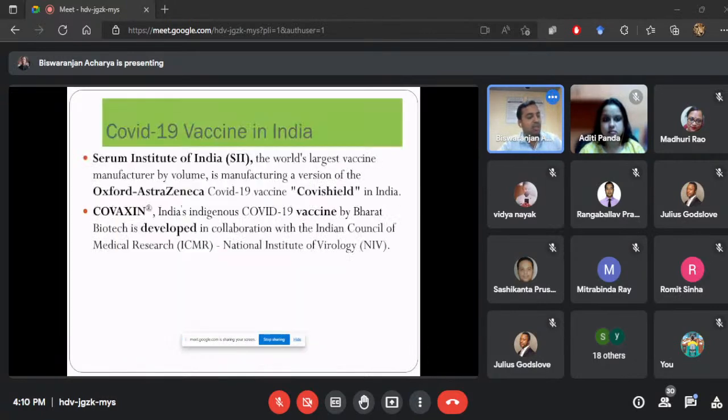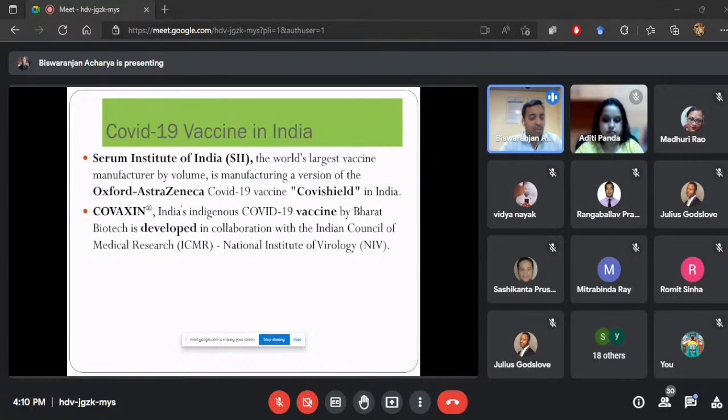Again, I am taking the vaccination process in India, that is the COVID-19 vaccine. There are two types of vaccine in India, Covishield and Covaxin. Covaxin is manufactured by Bharat Biotech in collaboration with the Indian Council of Medical Research, ICMR.